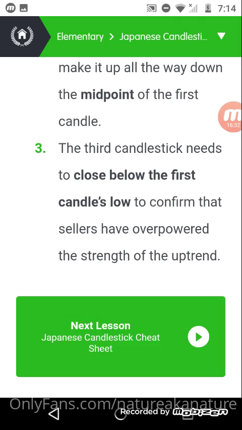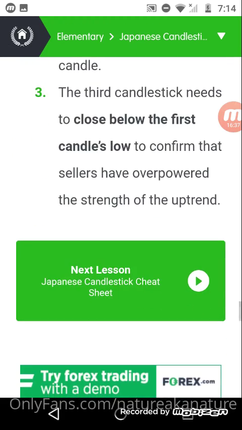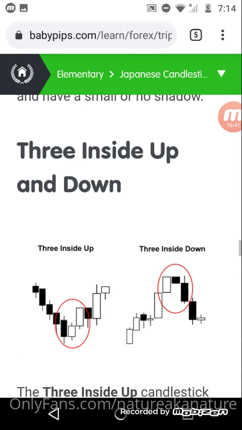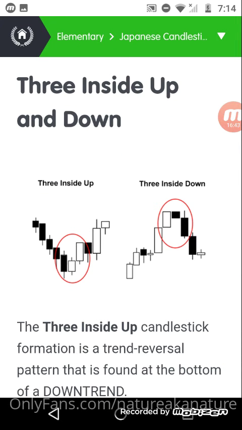So these are the triple stick trend reversal patterns that you're going to see. You're going to always see these at the end of a trend. I tried to make it as simple as I could.